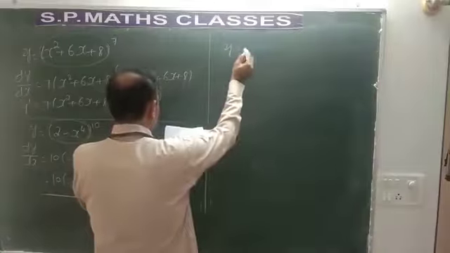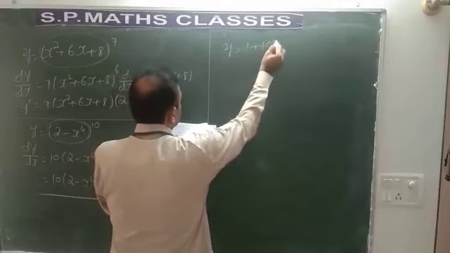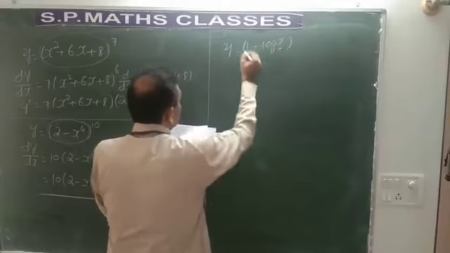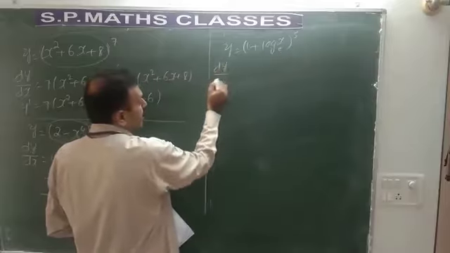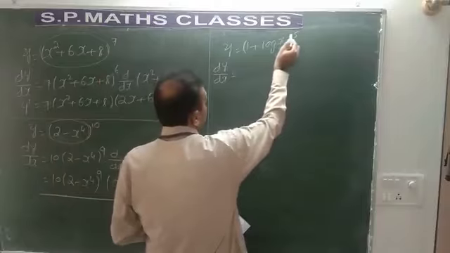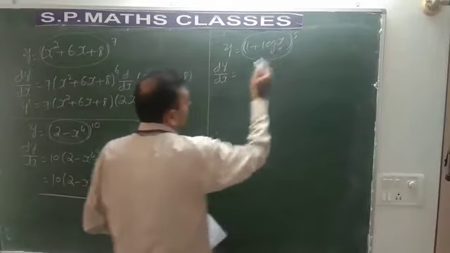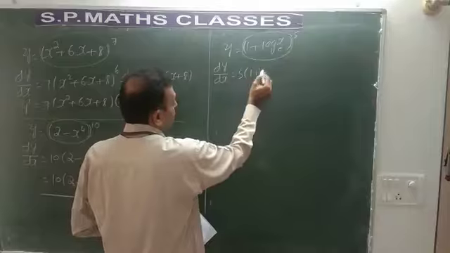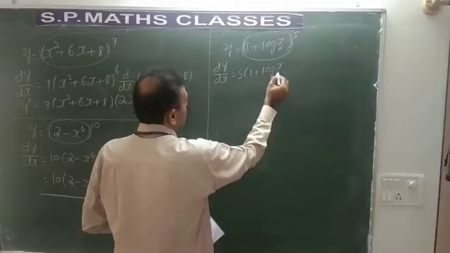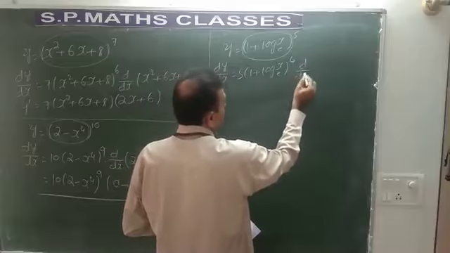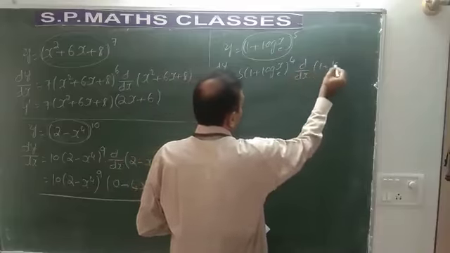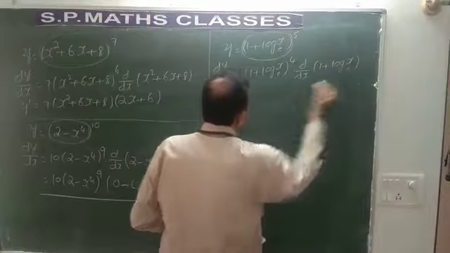y is equal to 1 plus log x to base e whole power 5. We need to take dy by dx. Consider this as x power 5. Its derivative is 5 into 1 plus log x to base e whole power 4 into the derivative of 1 plus log x to base e.